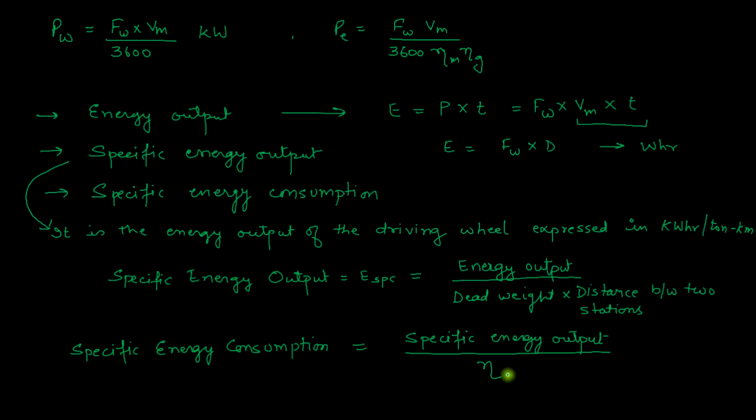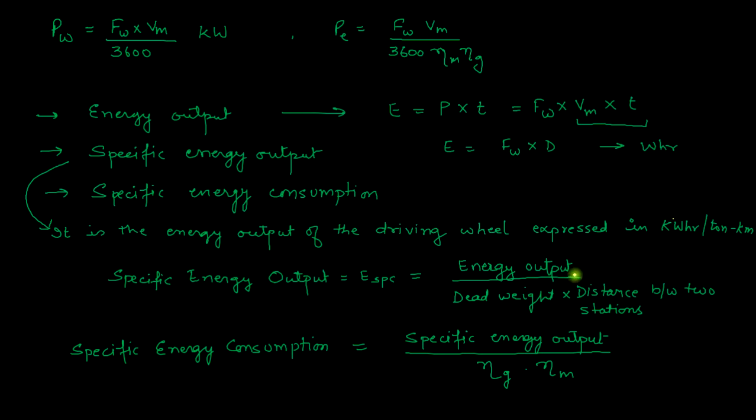In electric traction motors, we have efficiency as eta G times eta M, where eta M is the efficiency of motor and eta G is the efficiency of gear transmission. So in order to calculate specific energy consumption, we need to calculate specific energy output, and to calculate specific energy output we need to calculate the total energy output of the locomotive.